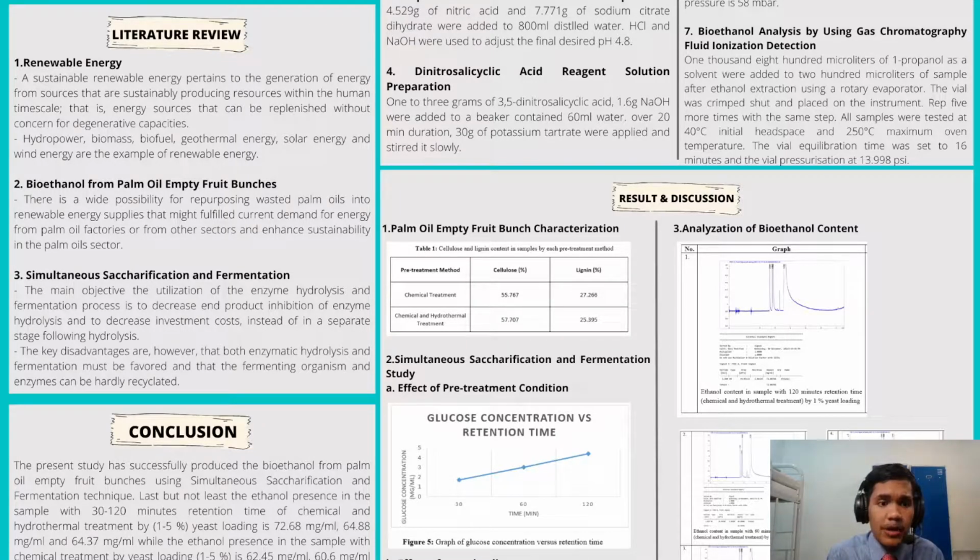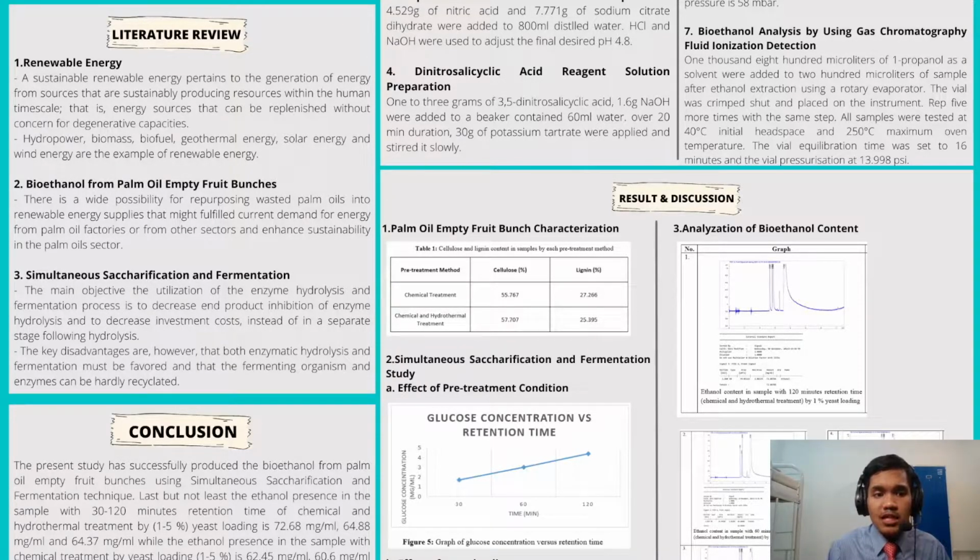Hydropower, biomass, biofuel, geothermal energy, solar energy, and wind energy are examples of renewable energy. Secondly, bioethanol from palm oil empty fruit bunch. There is a wide possibility for repurposing waste palm oils into renewable energy supplies that might fulfill current demand for energy from palm oil factories or from other sectors and enhance sustainability in the palm oil sector.